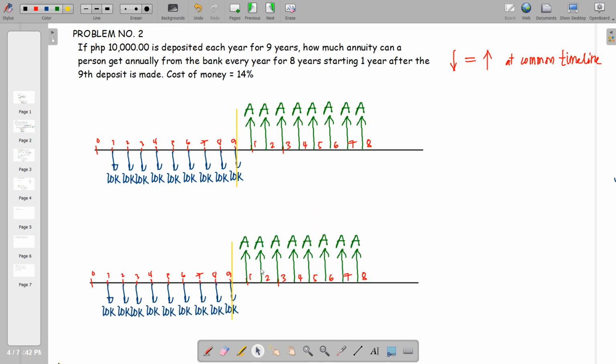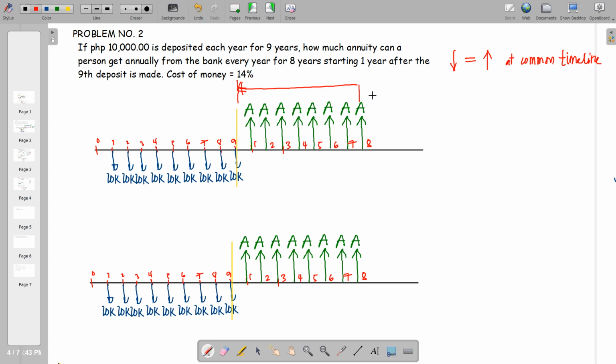Now I'll just copy this one so that I'll also present here another solution wherein I'm going to select the present time as my timeline. But for the meantime, we will work with this cash flow, wherein I'm going to choose the 9th year as my common timeline for those cash outflow and cash inflow. So all of this will be brought to this timeline.